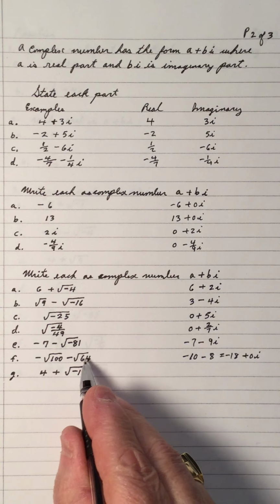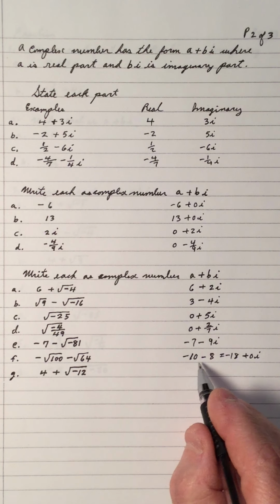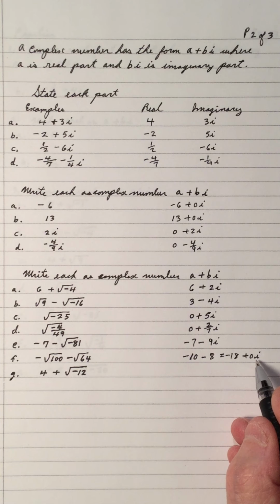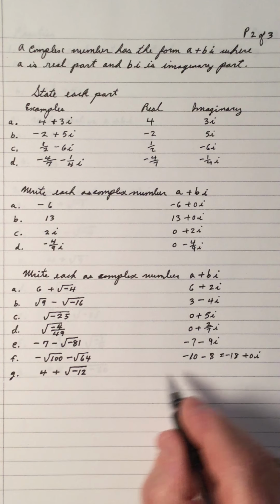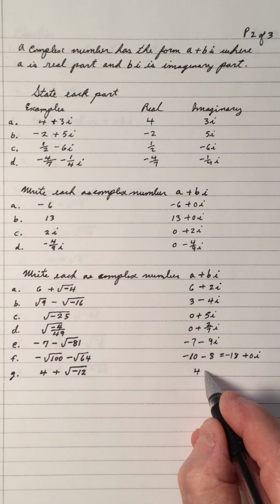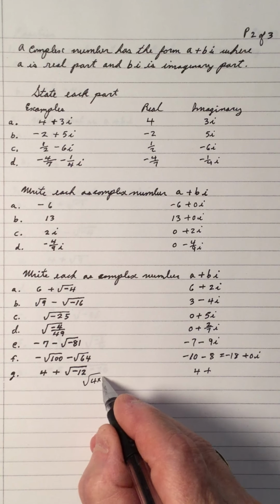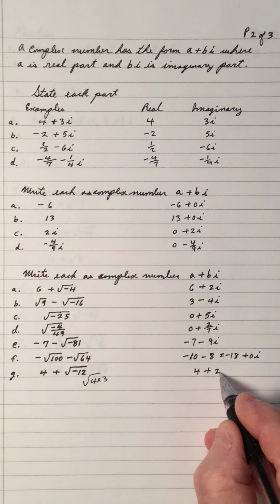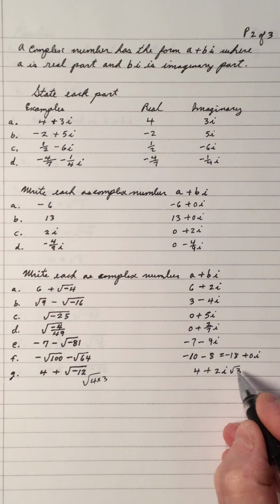Notice 64 is positive, so it's an 8. 100 is positive, so it's a 10. So that gives a negative 18 plus 0i. And number 4, G, 4 is the real part, plus, and the square root of 12 is 4 times 3, so that's a 2, and because it's negative, we got an i and a root 3.